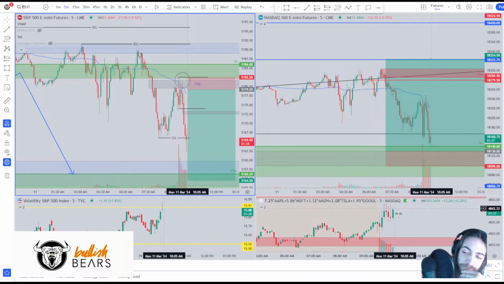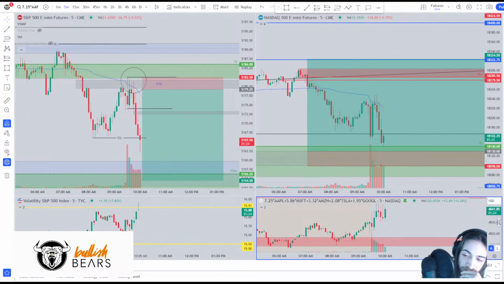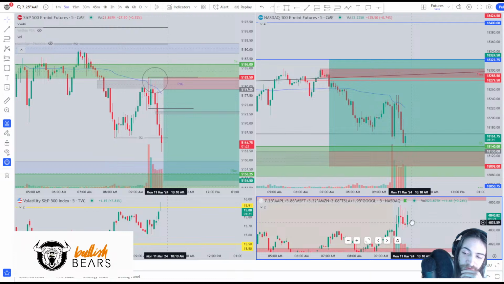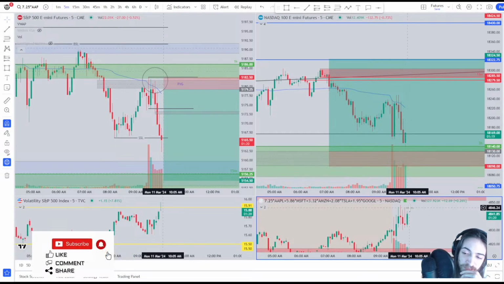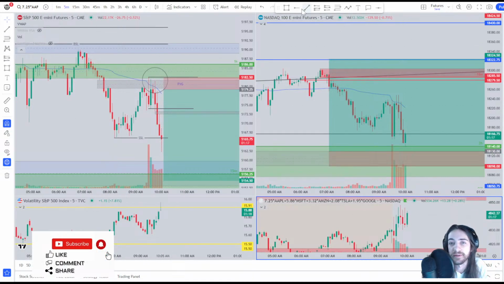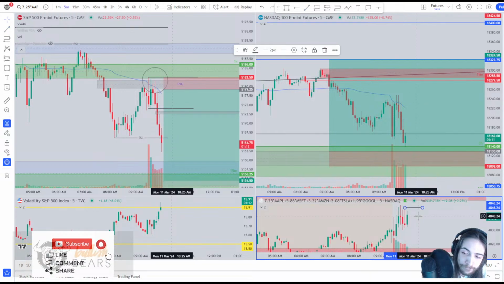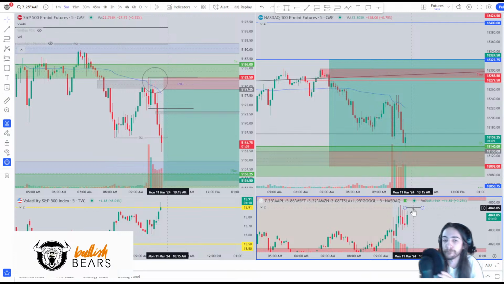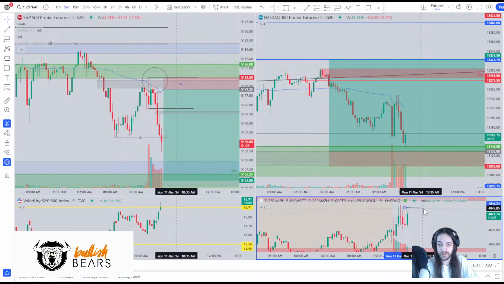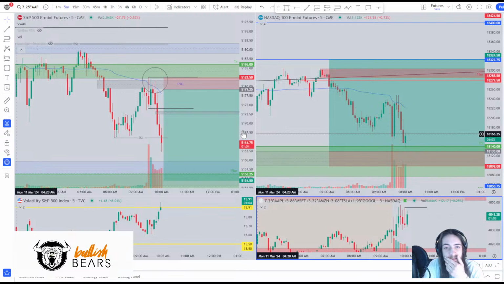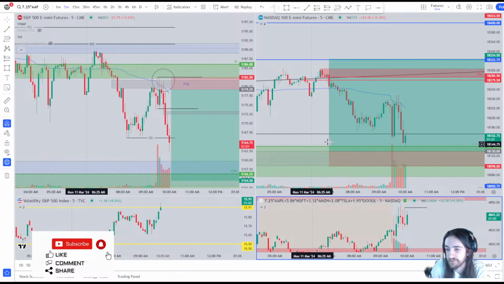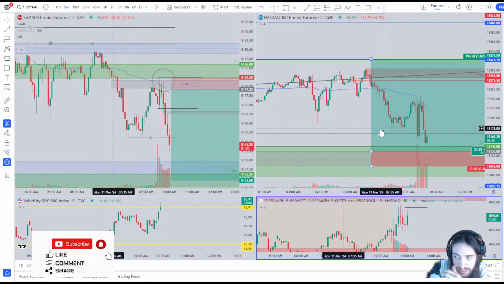Usually we'll get some type of pop inverse to that on the following one, but I want to see if we can sweep that previous high. Staying patient at this point, because now look at that.